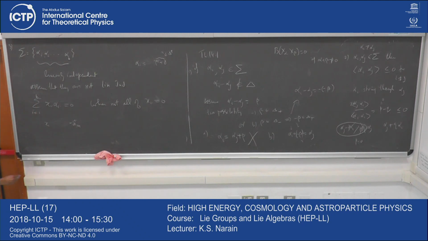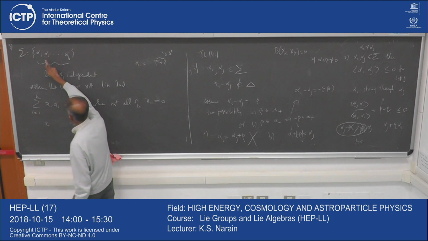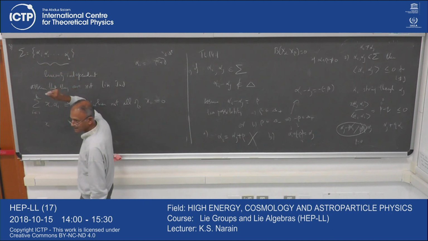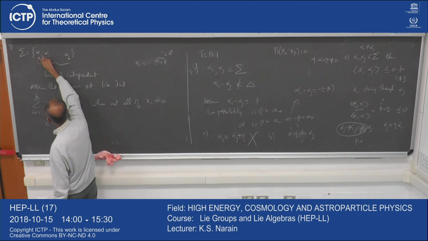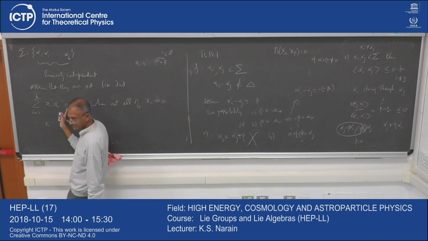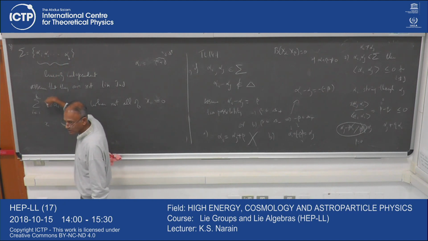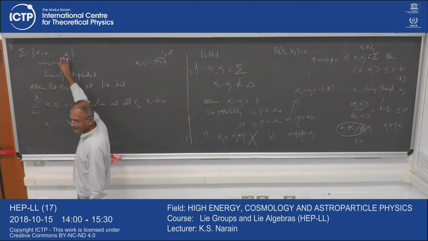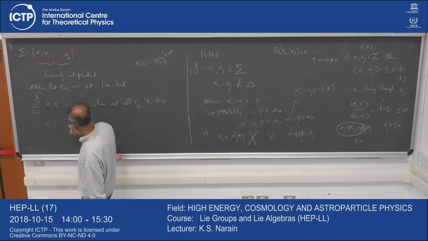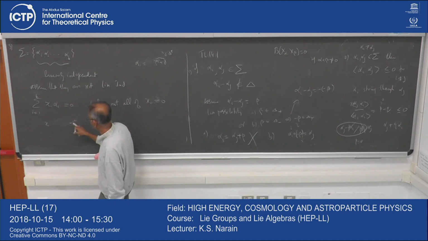So we have x1 alpha 1, x2 alpha 2, x3 alpha 3, etc. Some of these coefficients may be positive in this equation. Some may be 0, but then they don't enter at all in this equation. And some of them may be negative. The negative ones I'm writing explicitly like minus x hat. So now x hat is positive.